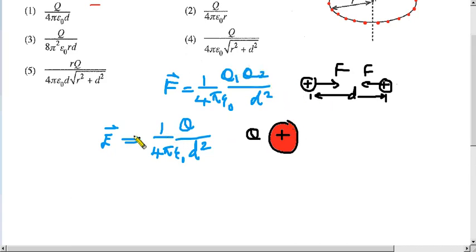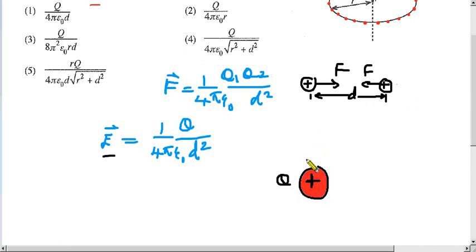So here when we measure the field intensity, we consider only one charge, that is this Q. Then what is this E? Around this charge there is a field like this. We draw it like this using arrows.